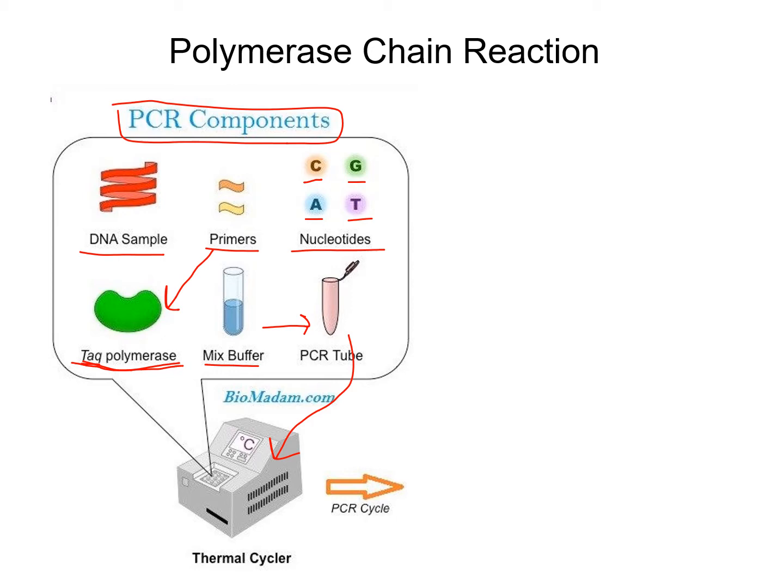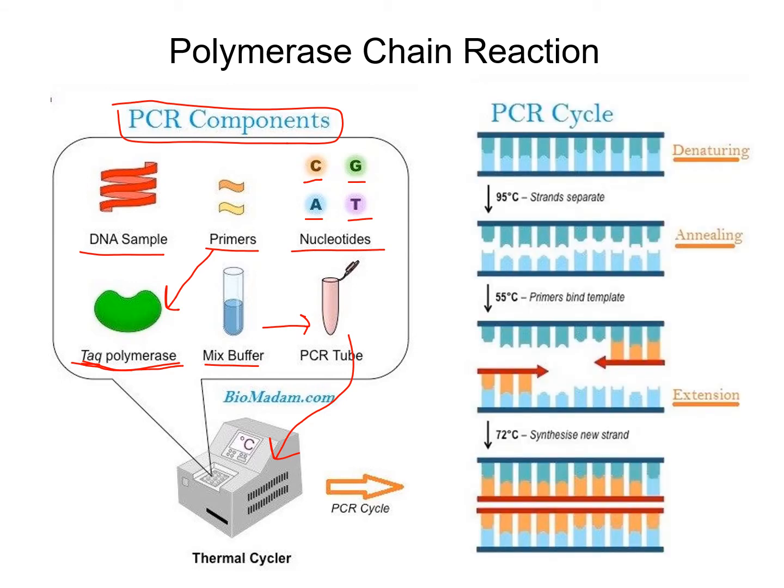It's called a thermal cycler because it's going to cycle or change temperature. The changing of the temperature is really important for the PCR cycle, because the first thing that is going to happen is that the mixture is going to be heated to 95 degrees Celsius, which is very close to boiling. The purpose of doing that is to break the hydrogen bonds to separate the two strands of DNA.